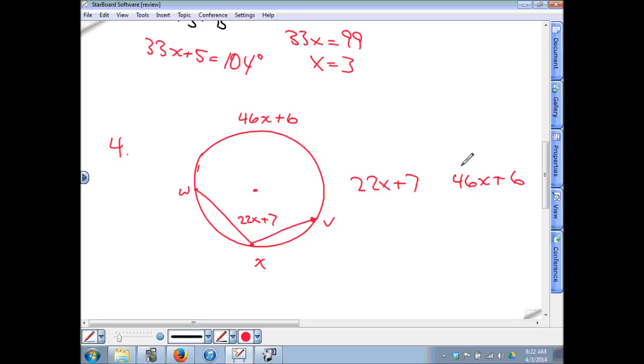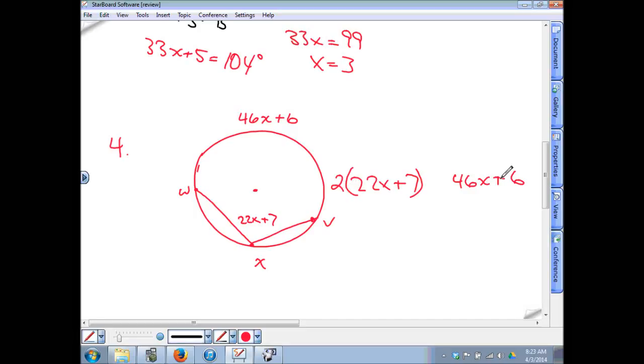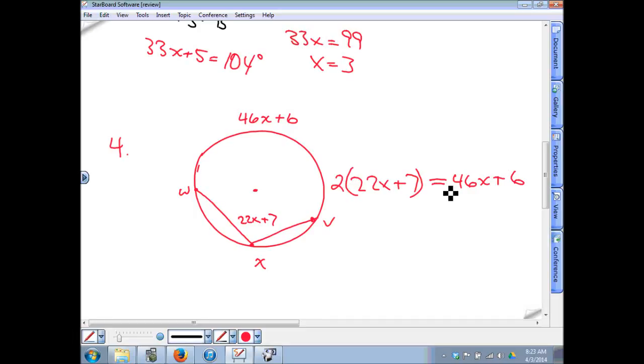But if this is already twice as big, then don't I have to multiply that by 2 to make it equal what this is? Now, was that a true statement? That's a true statement. An inscribed angle, the arc is already twice as big. So if you multiply the angle by 2, now they're the same. So you have 44x plus 14 equals 46x plus 6.